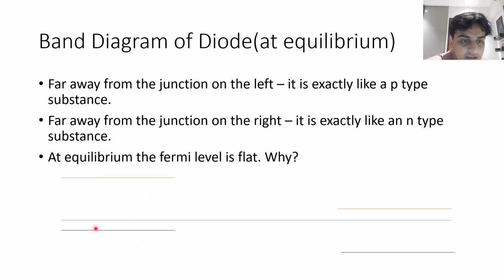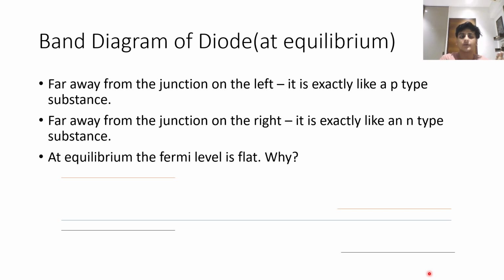So far from the junction, on the left, this p-type material does not know that there is some n-type far away. So it behaves exactly like a p-type, and its band diagram is also exactly like a p-type material. And similarly on the right side, it's exactly like an n-type material, and its band diagram is also exactly like an n-type material.